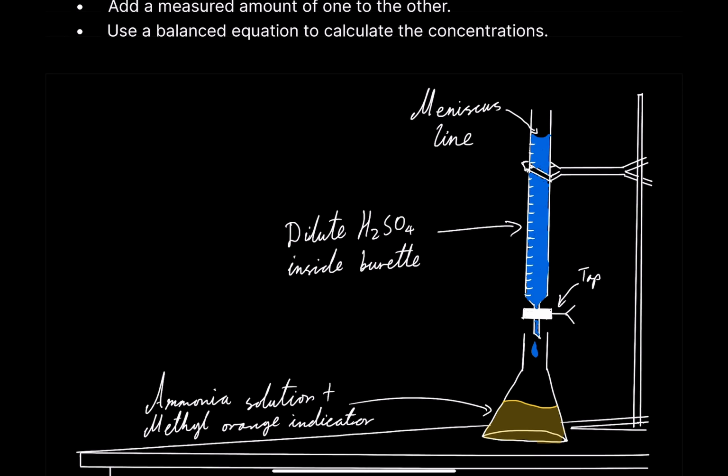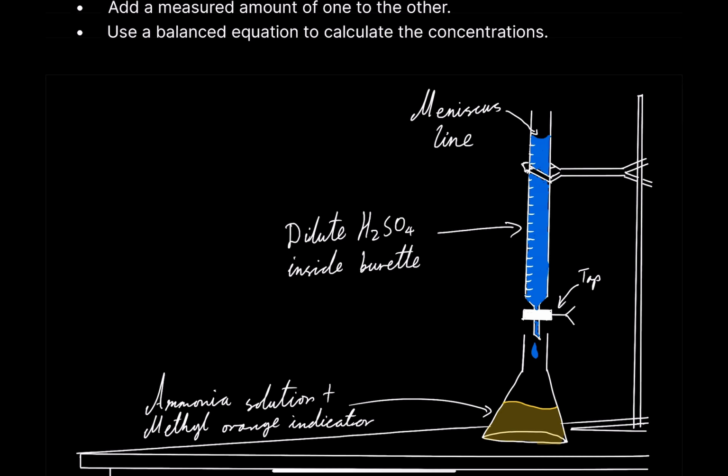So if you're ever thinking how do I measure this line, when it stops, you measure from here, not from this part here. You don't measure from the top, you measure from the bottom part here. That's the part in science that we use to measure the meniscus line. It's the bottom part, not the sides.